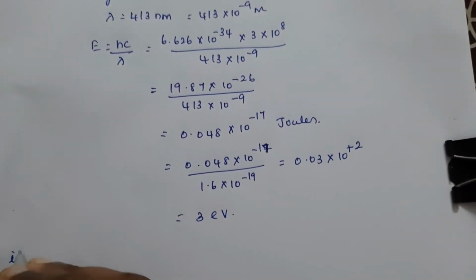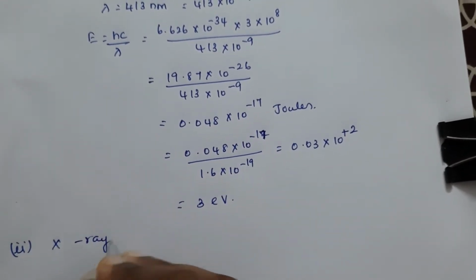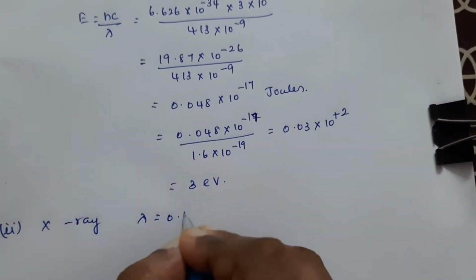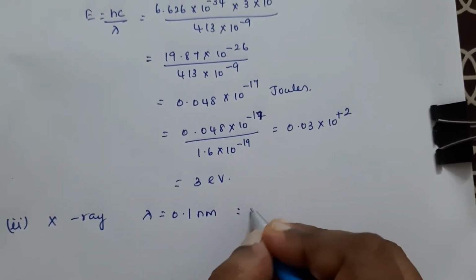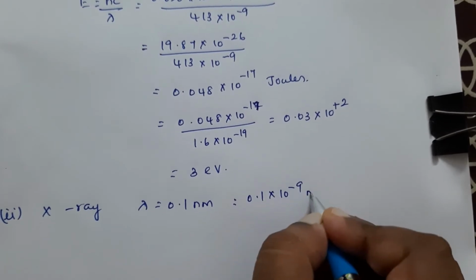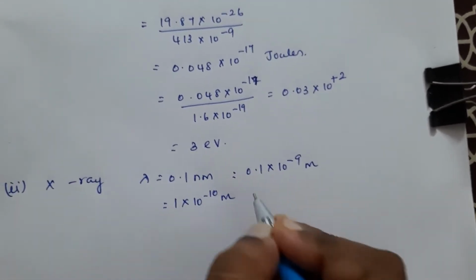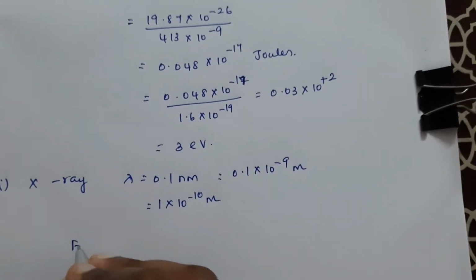Now the second one. For X-rays, the lambda value is 0.1 nanometer. So it is 0.1 into 10 raised to minus 9 meter, or you can write 1 into 10 raised to minus 10 meter. Anything is correct. Here we have to find out the energy.